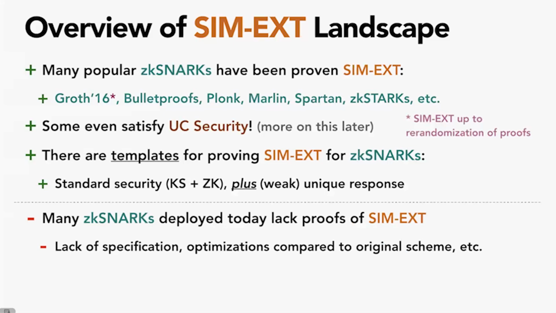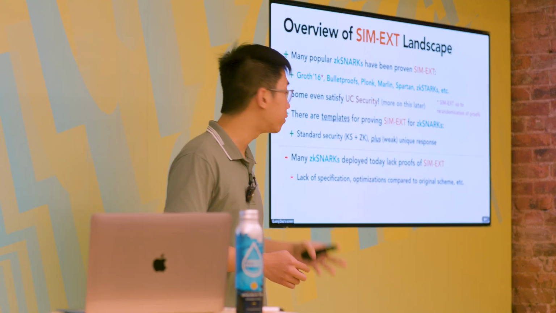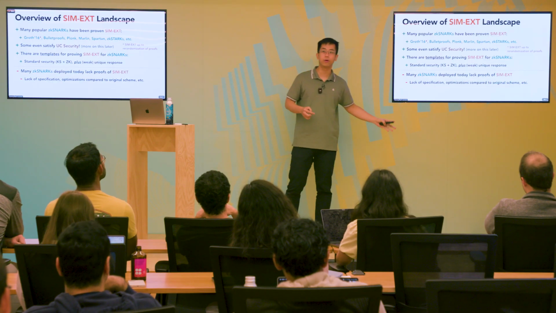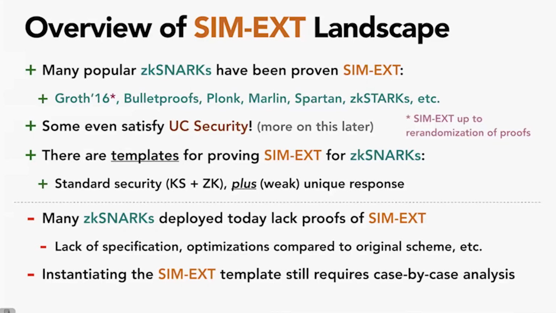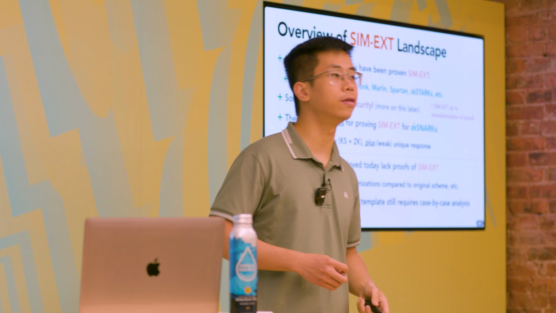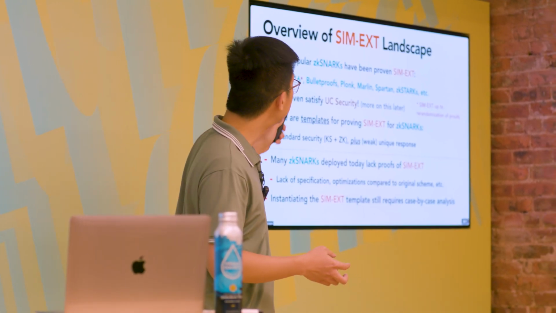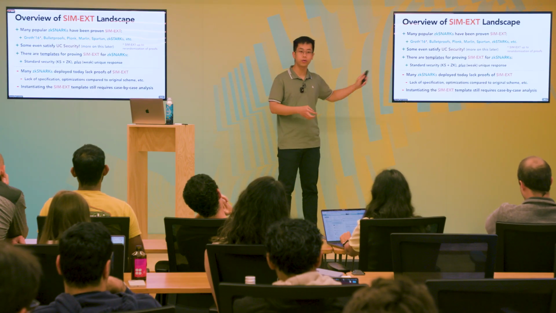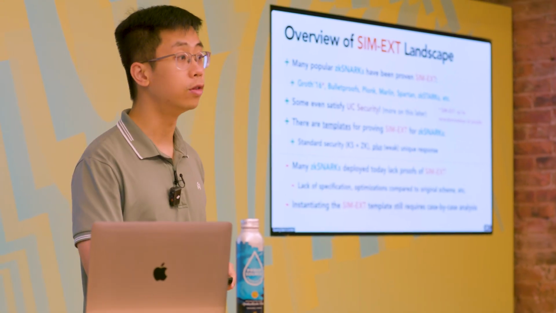It's either because the full specification of that SNARK has not really been written down and analyzed anywhere, or it may contain optimizations compared to the original protocols, like what happens with many Plonk variants. And also, despite having a template, instantiating this template still requires some case-by-case analysis. There are no simpler properties that you can show that immediately imply weak unique response, which then immediately implies simulation extractability. I'll also get to this when we go to the details.